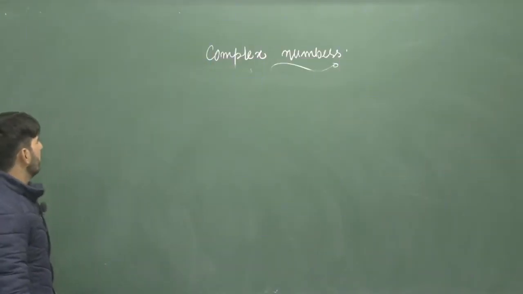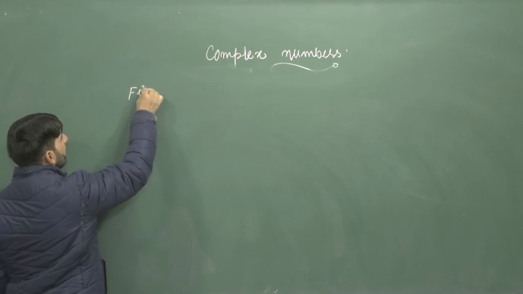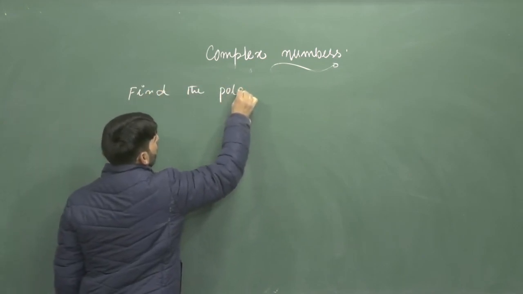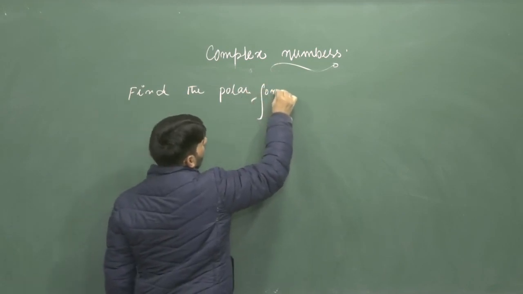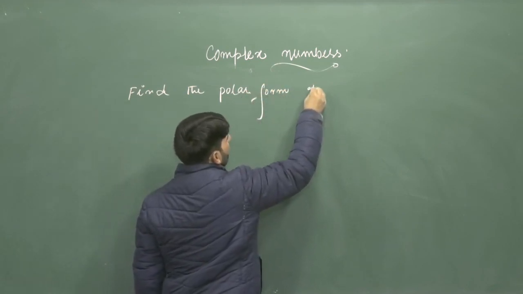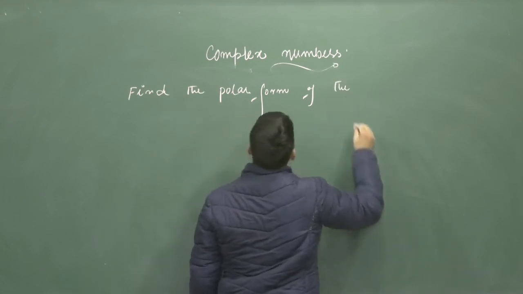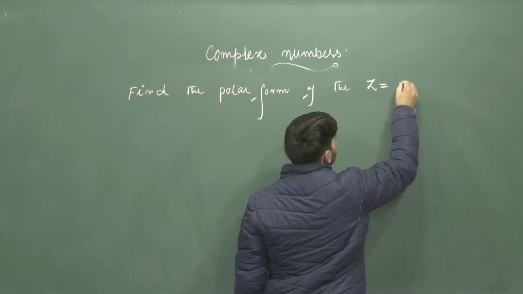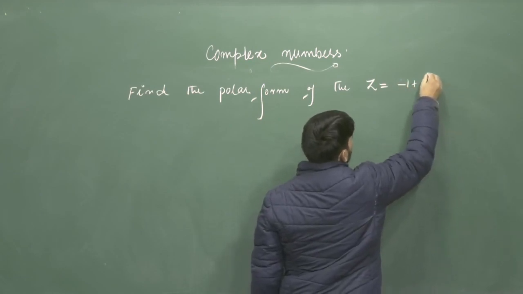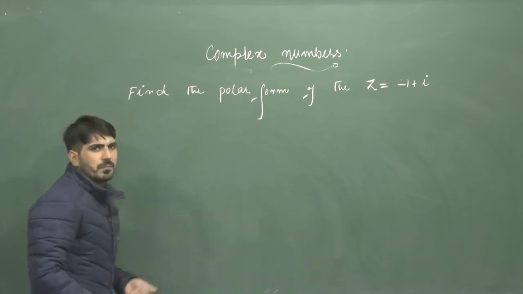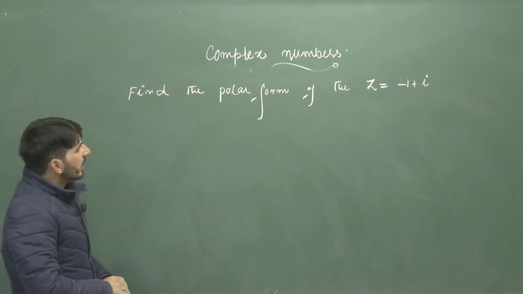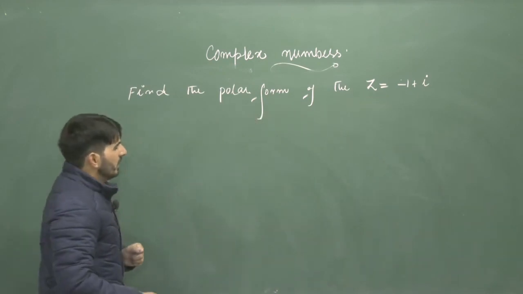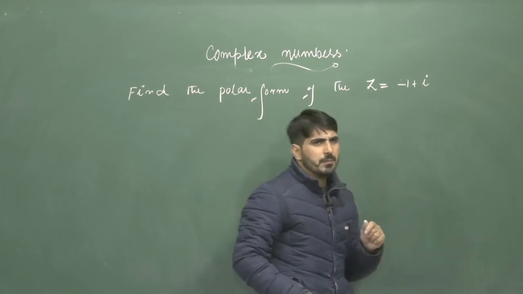For example, find the polar form, that is the trigonometric form, of the complex number z is equal to minus 1 plus i. So, we have to write this complex number in polar form. This is the Cartesian form of the complex number.